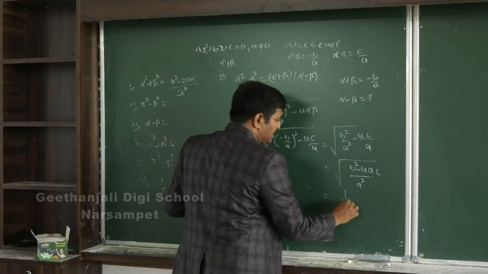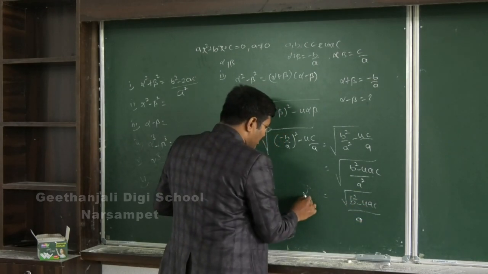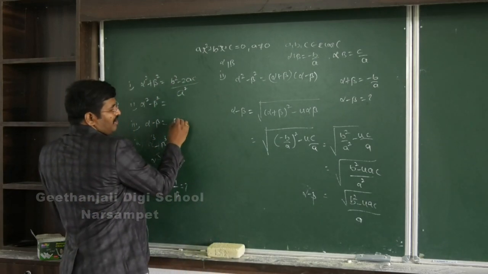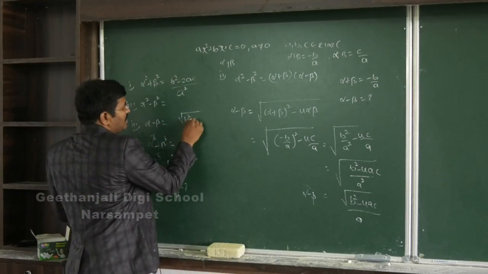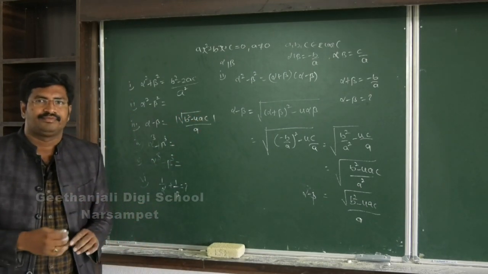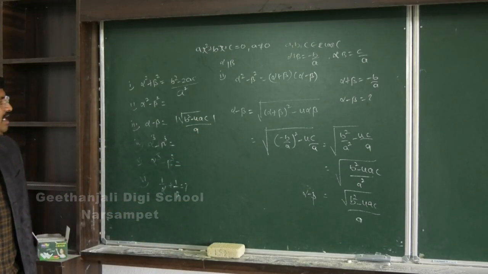Then this is root of b square minus 4ac by a. This is the value of alpha minus beta. You can take the modulus, means plus or minus root of b square minus 4ac by a.